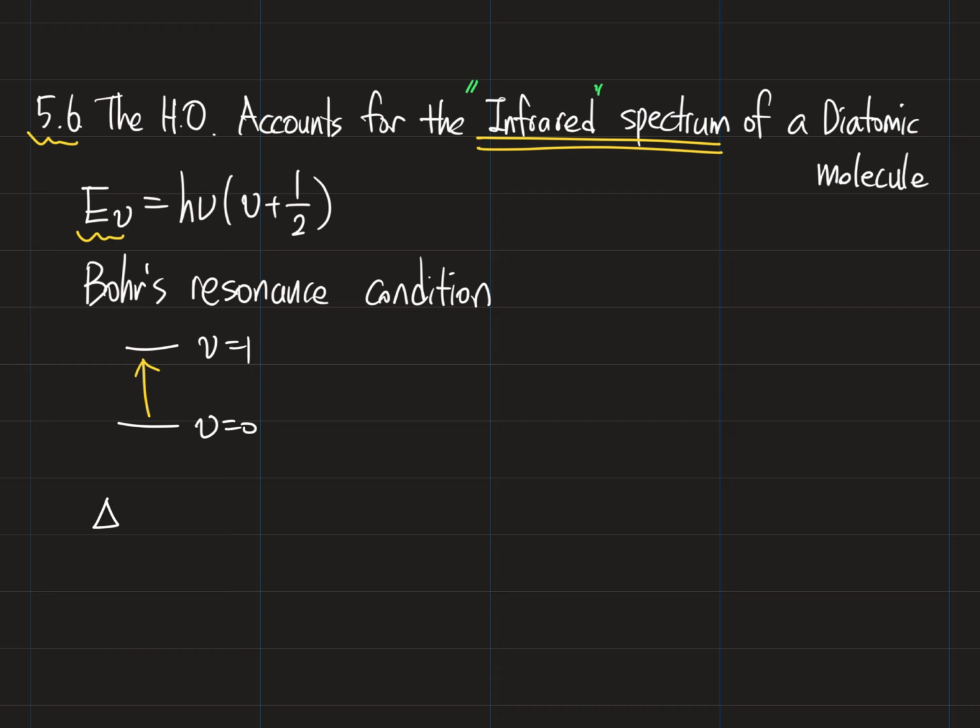So Bohr's resonance condition means that the energy difference between two states should be equal to the energy of the photon. The photon's energy is given as the Planck constant multiplied by the observed frequency.